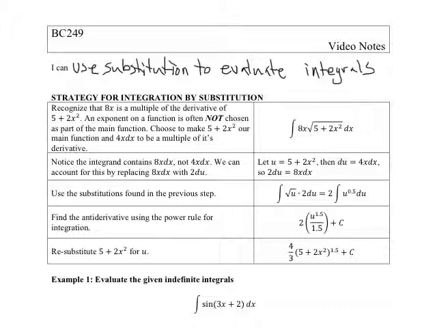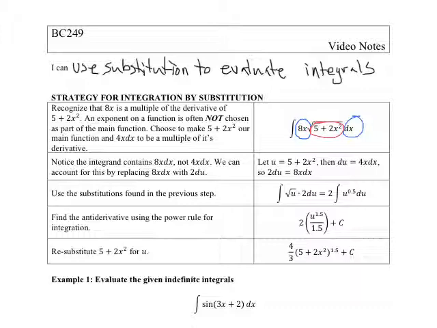In this one, an observant student might notice that 8x dx is a multiple of the derivative of 5 plus 2x squared. The derivative of 5 plus 2x squared is 4x dx, and we'll notice that 4x dx is very closely related to 8x dx.